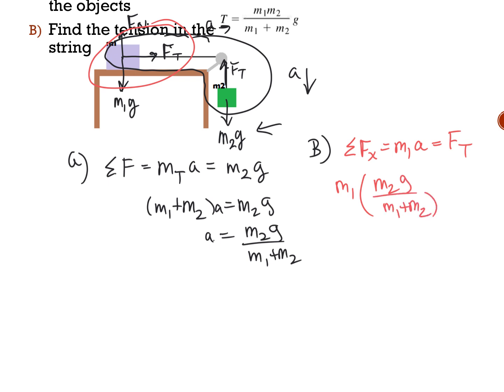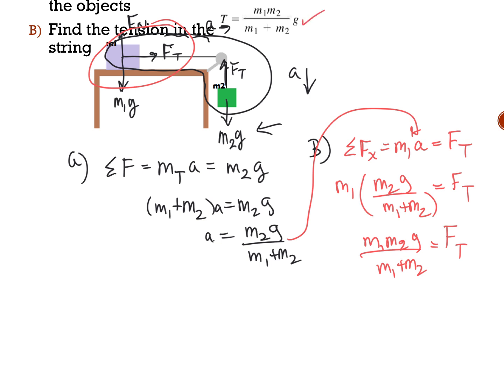I'm simply going to plug it in right there. And that's equal to the force of tension, which, if you work it out, is mass 1 mass 2 g over mass 1 plus mass 2. And look, sure enough, that's what that is. So you can see this idea of using external forces for the acceleration and one individual block for the tension.